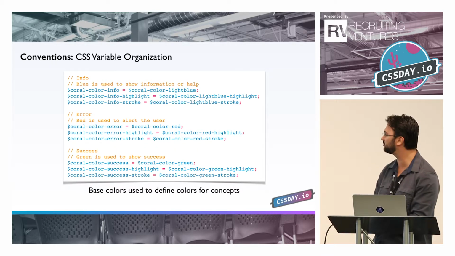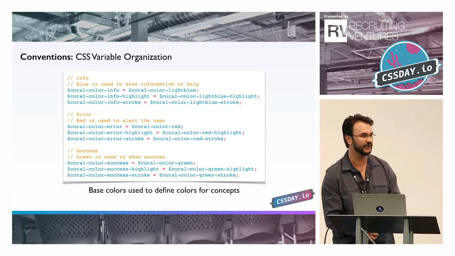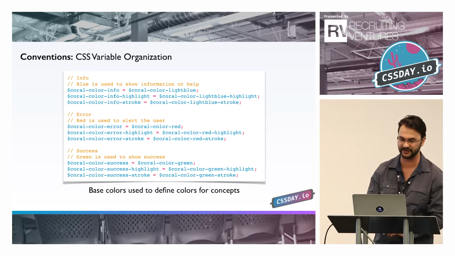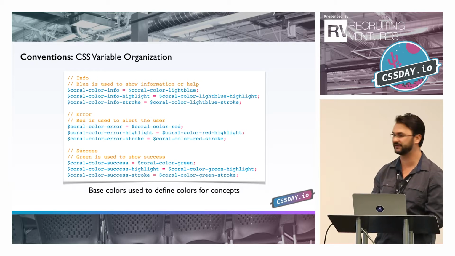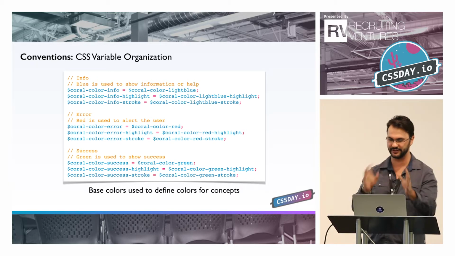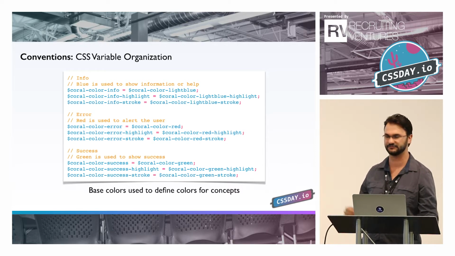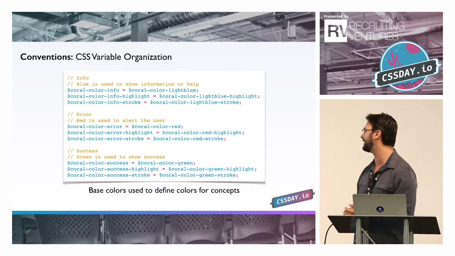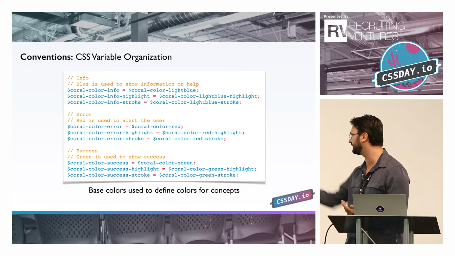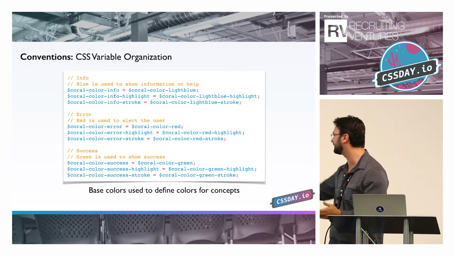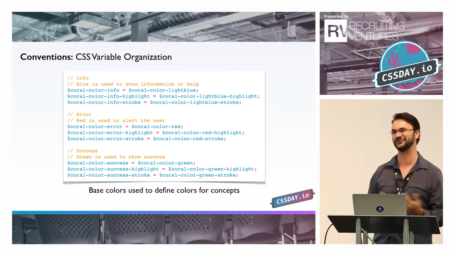But we don't just put the color variable directly in every CSS class that represents an error state. Instead of just saying, all right, I'm just going to put red everywhere there's an error, we create a color variable that encapsulates the concept of an error. So what color is an error? It's red. And if you have a highlight or a stroke, it's going to be these other variations of red.